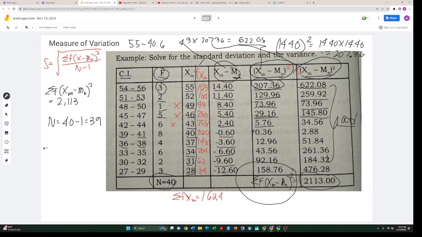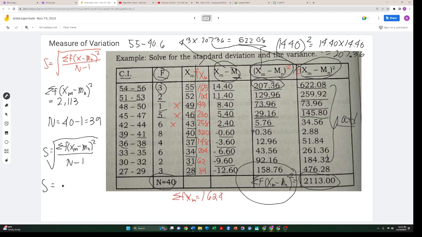So pwede na nimo siya i-substitute. Okay, so the summation of f x m minus mn squared divided by n minus 1.